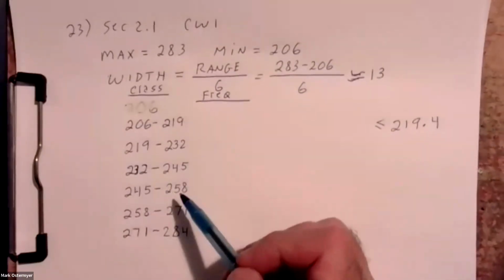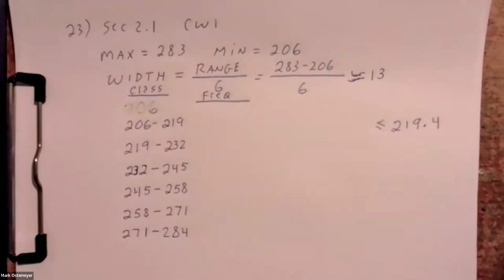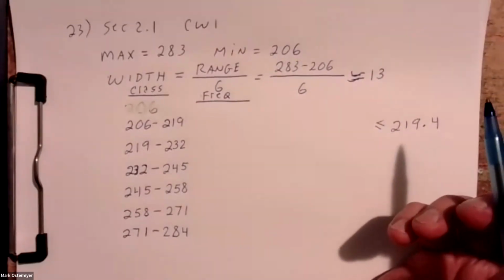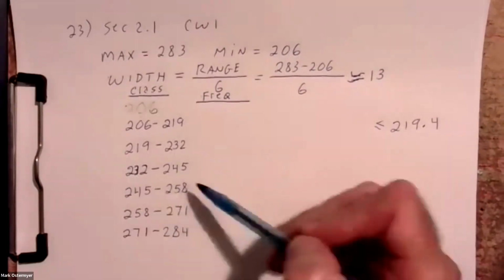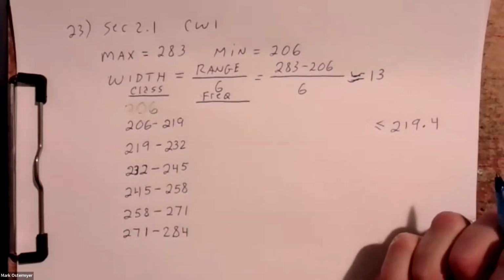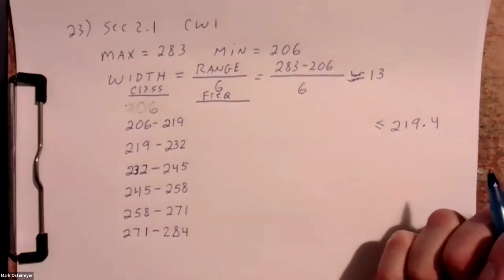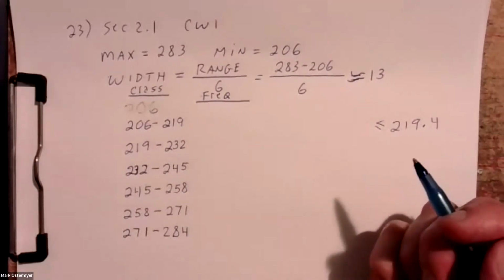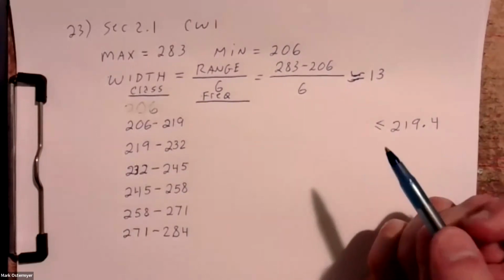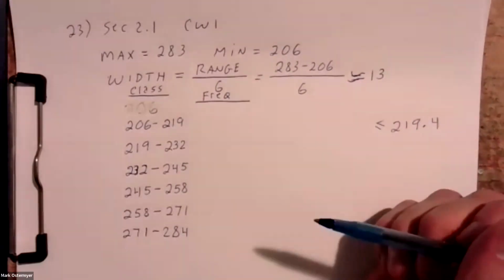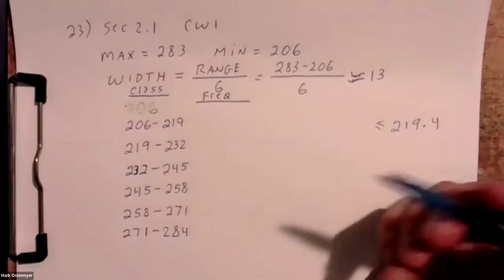But you would want to establish a rule if you did have a decimal conflict here. So if you get a data point that's 219 or 232 or 245 or 258 or 271, you have to establish a rule. And not only establish a rule, but we need to apply it faithfully to every class. So what do you want that rule to be?